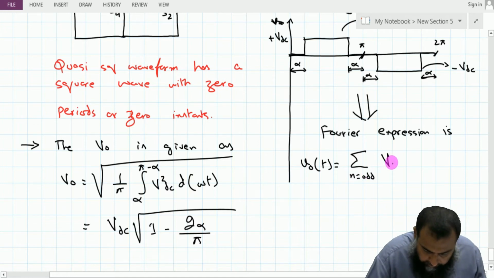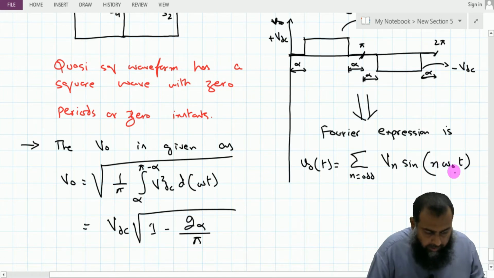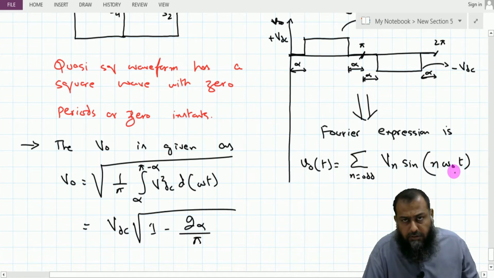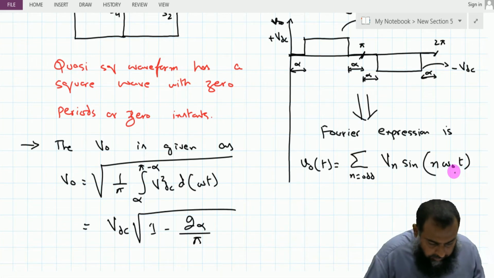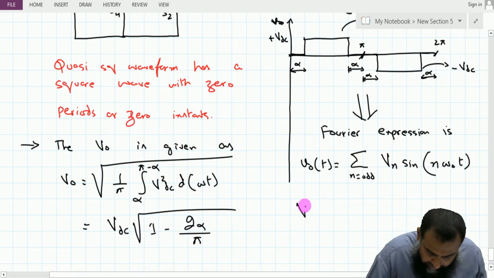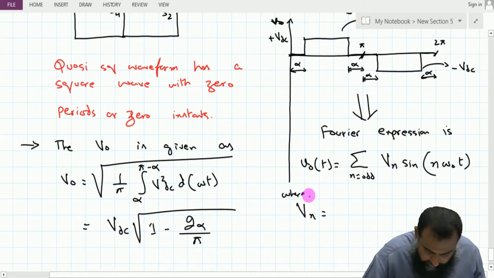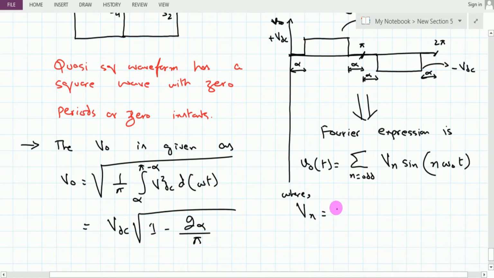This is Vn sine of n omega naught t, and luckily, because of the half wave symmetry, this voltage Vn is equal to 4 VDC over n pi into cosine n alpha.